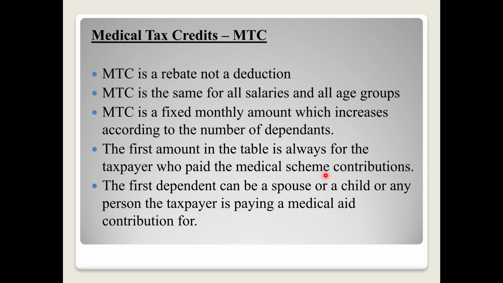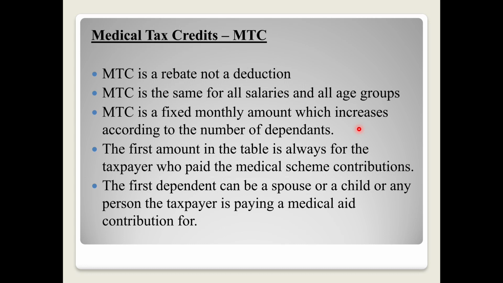Then medical tax credits, the MTCs. So a medical tax credit is a rebate and not a deduction. A medical tax credit is the same for all salaries and all age groups. It's a fixed monthly amount which increases according to the number of dependents.